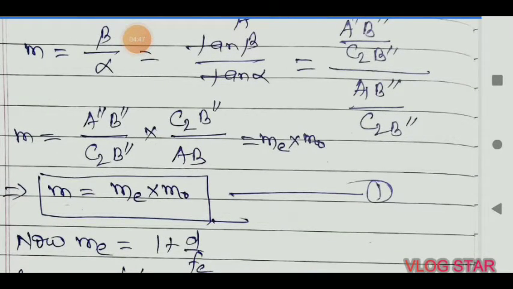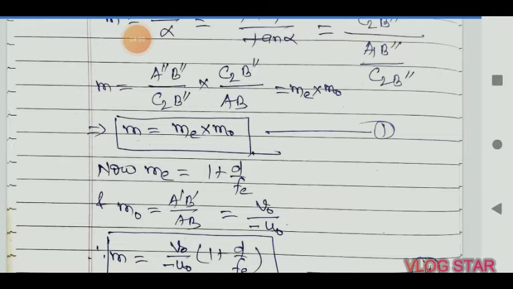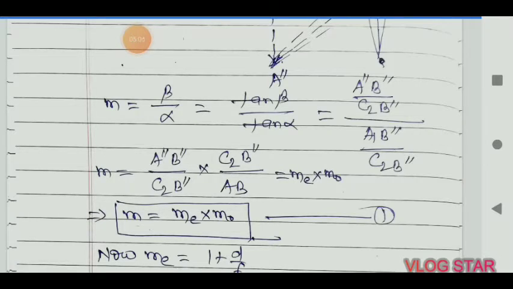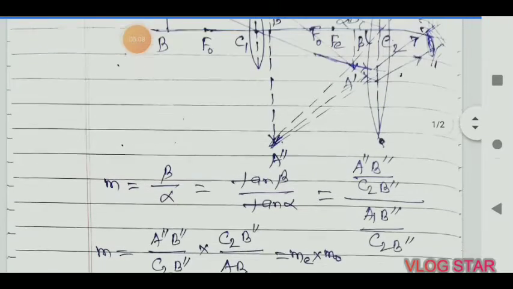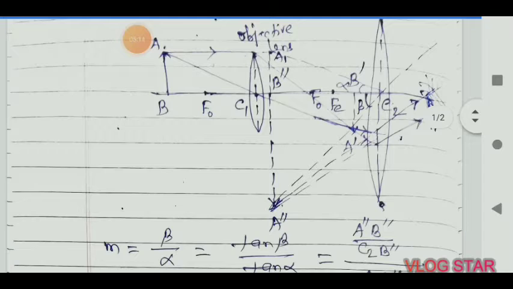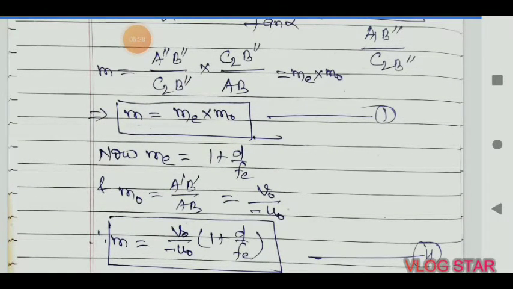Now that one is M_E into M_O, the magnification produced by the eyepiece into the magnification produced by the objective lens. So M is equal to M naught into ME. Now we have earlier seen in the simple microscope, when the final image A double dash B double dash is formed at the least distance of distinct vision from the eye lens or eye, the magnification is equal to 1 plus D by Fe.